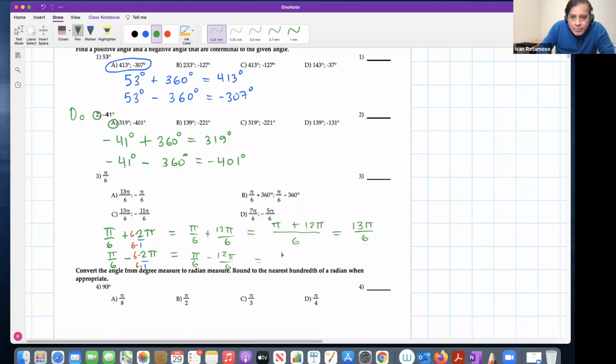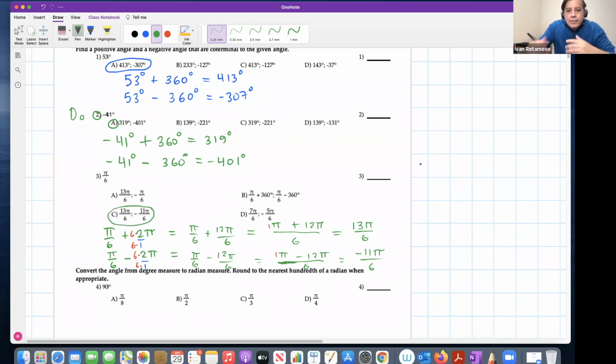And this is going to be pi minus 12 pi over 6. But here there is an invisible 1, that was present here too. 1 minus 12 is just minus 11. Minus 11 there, and pi, don't forget pi, divided by 6. And this is the answer.